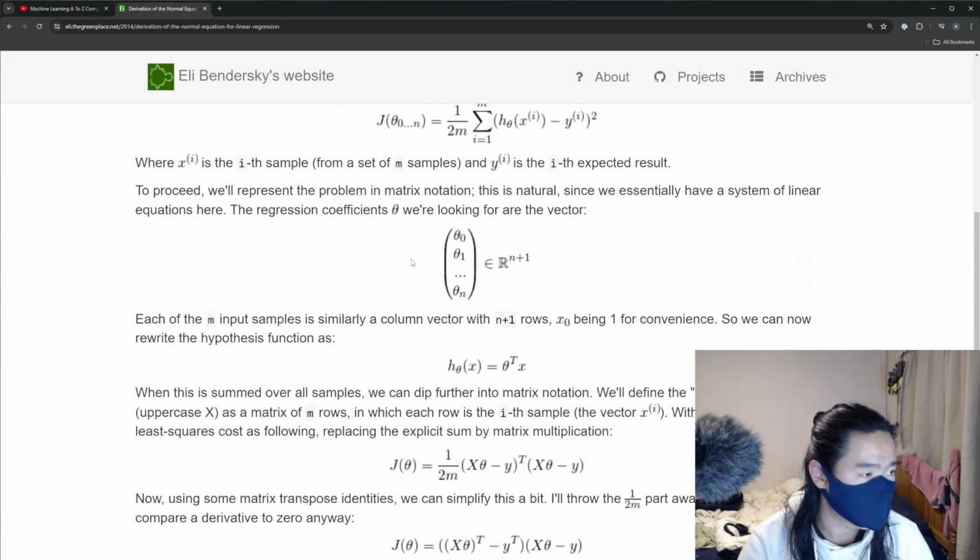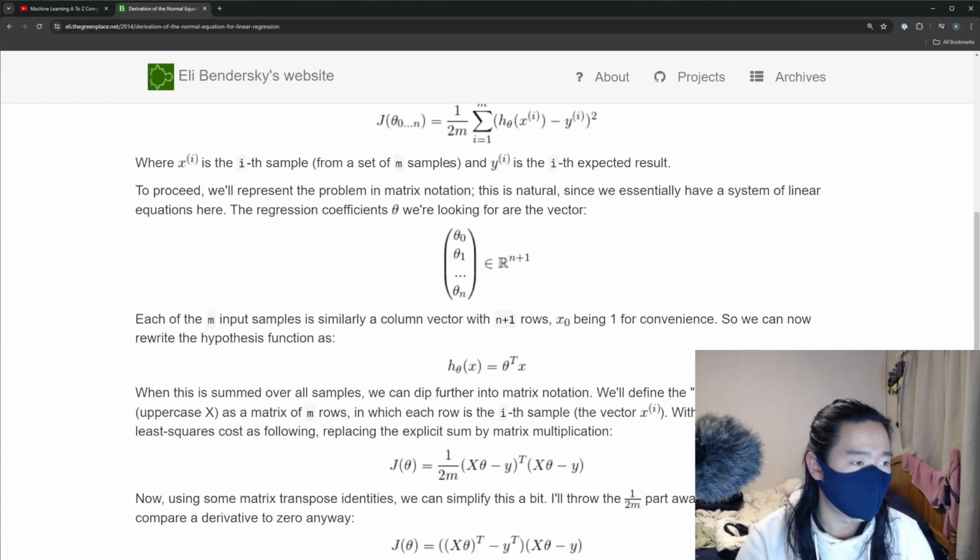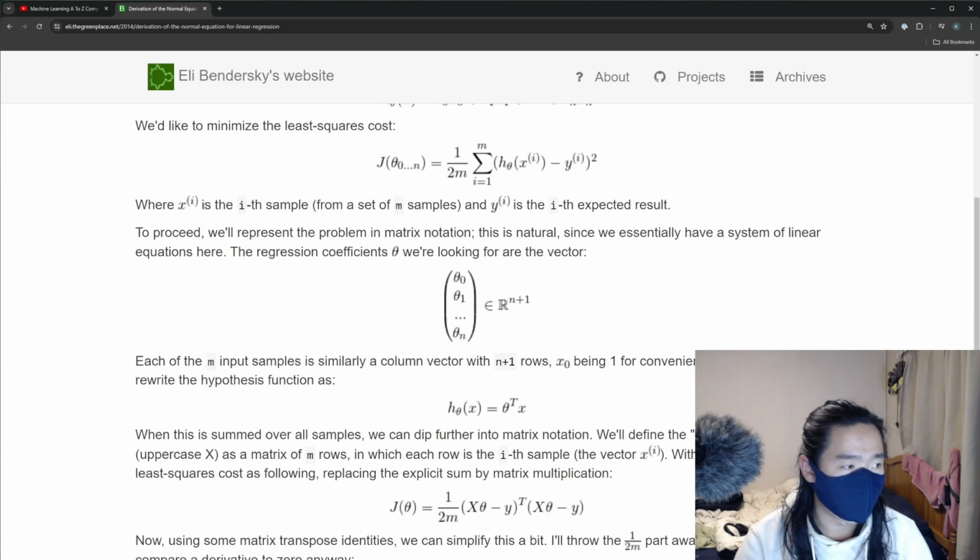J of theta, where xi is the ith sample from a set of m samples. That is to say, xi is the ith data point from m total data points, and yi is the corresponding expected result.